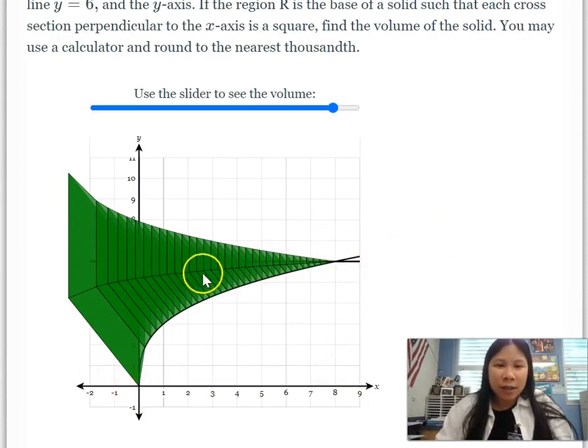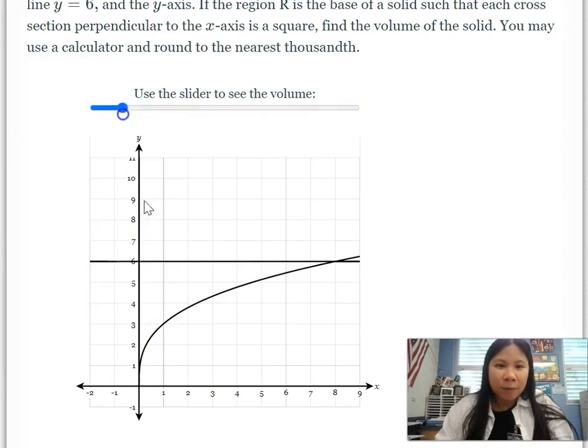Then the equation inside our integral is going to be the area of the square. The area of a square is just the side length squared. Our side length would be this distance right here from y equals 6 all the way to this curved part, which was 3x to the 1/3.